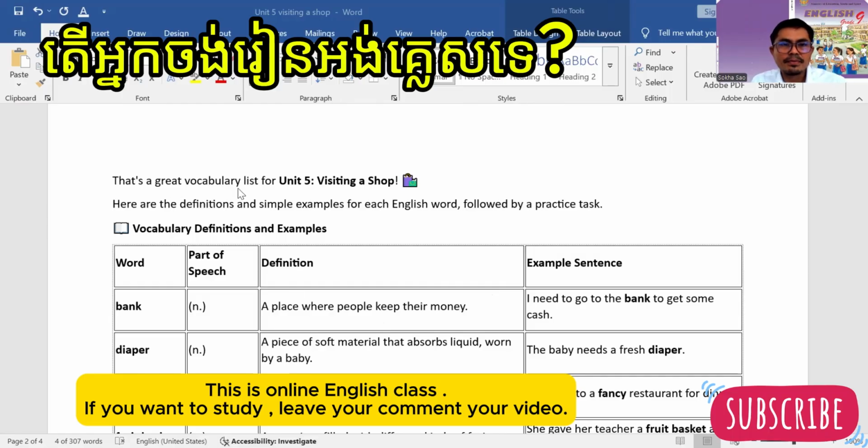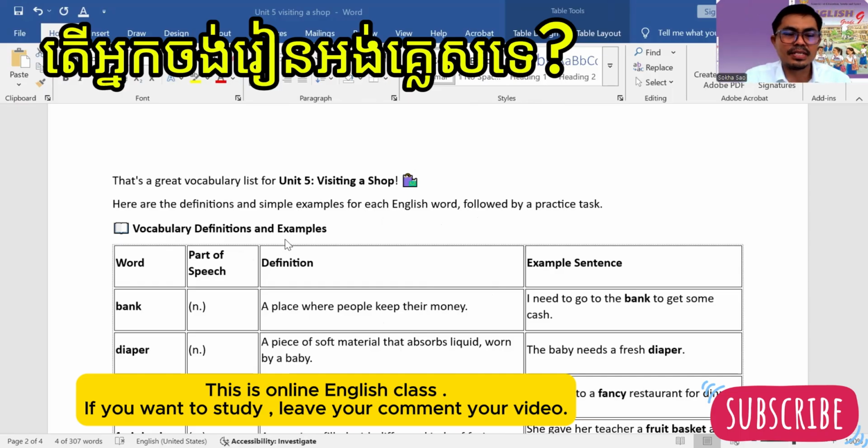So this is a great vocabulary list for Unit 5. Here are the definitions and simple examples for each English word, followed by a practice task at the end.